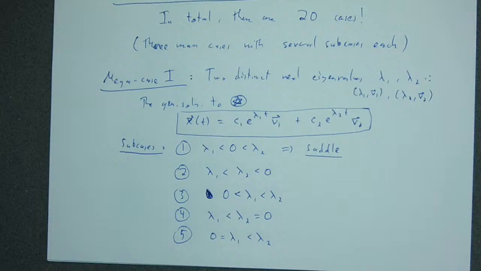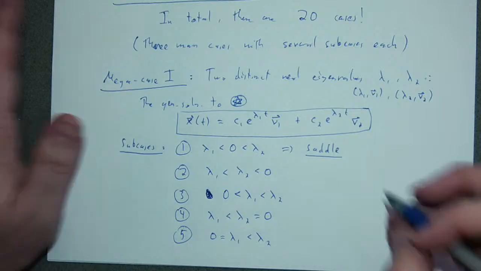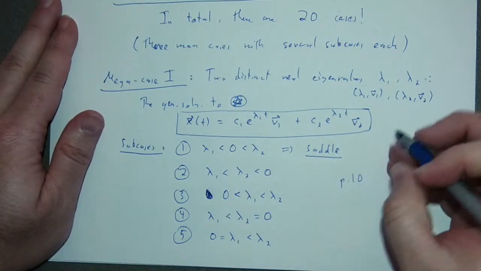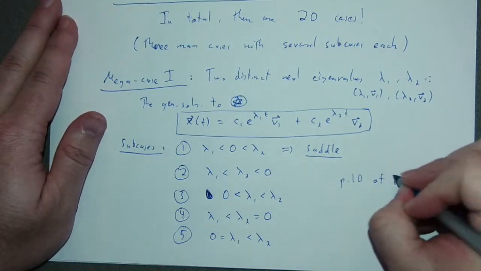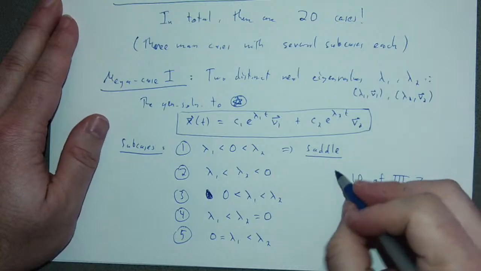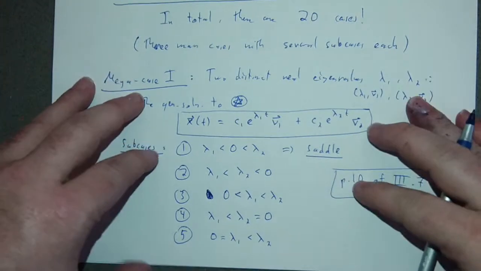Let's see pictures of what these things look like. This is on page 10 of chapter 3.7 if you want to see the pictures. So let's draw the pictures real quick.